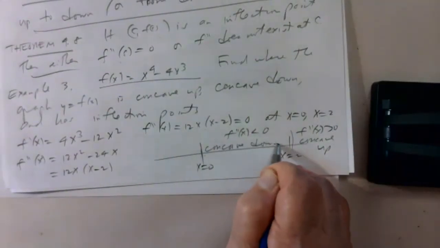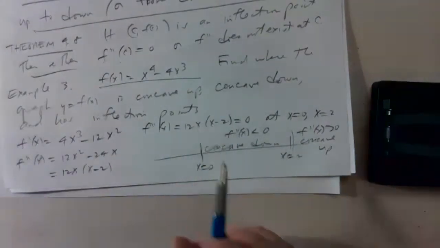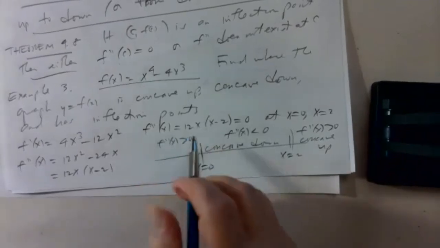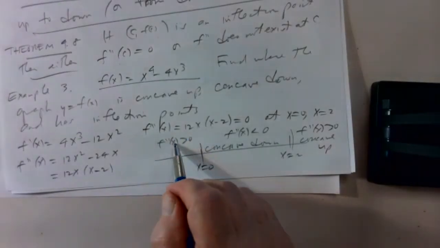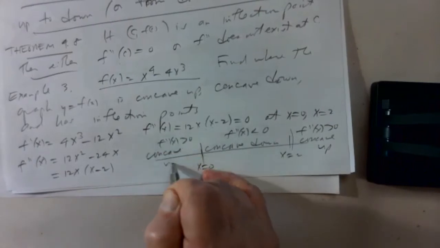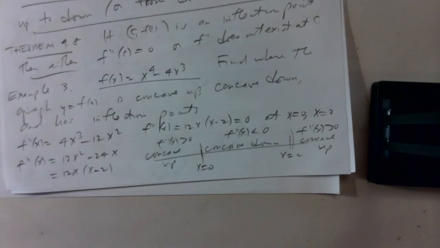The curve is concave down. If x is negative, this is negative times negative, which is positive. So here the second derivative is positive and the curve is concave up. So that is the story of what happens.